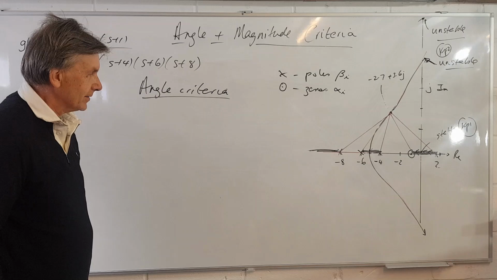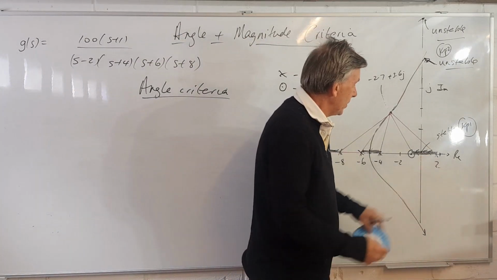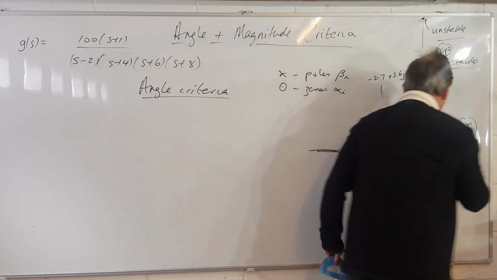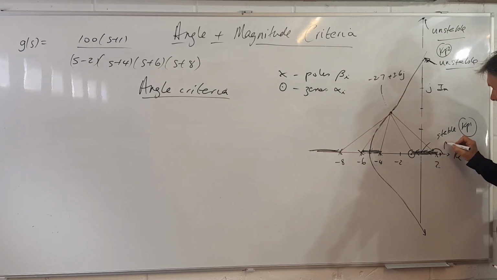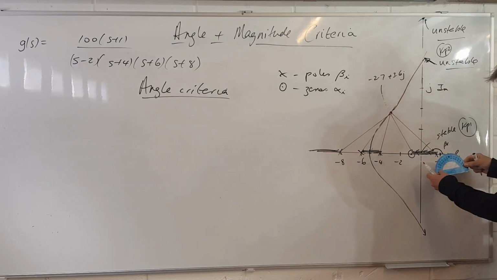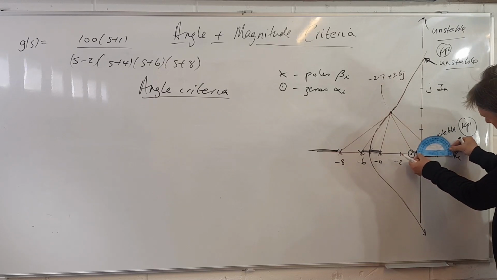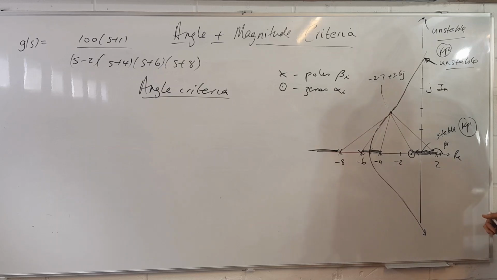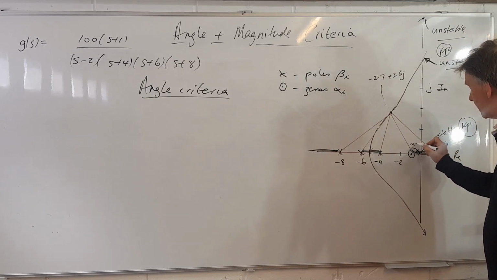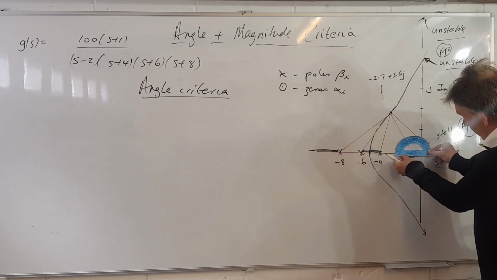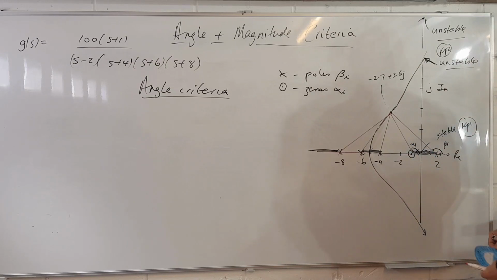This is a cross, so it's a pole, and we measure the angle there and call that beta 1. I could measure this with my protractor; it's about 140 degrees. Then we come to this zero, alpha 1, which is about 110 degrees.